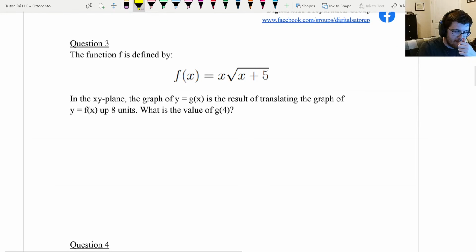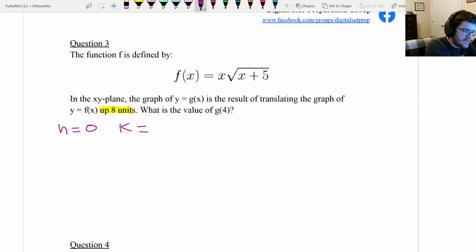Great, let's look at number 3. So we have this function, and it says we're going to move up 8 units. So we've got no h, and k, up is positive y direction, so we have positive 8. So we're going to do g of x equals f of x minus h plus k.